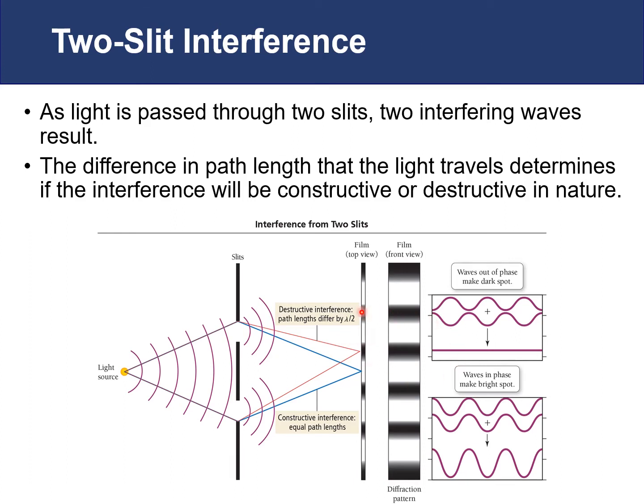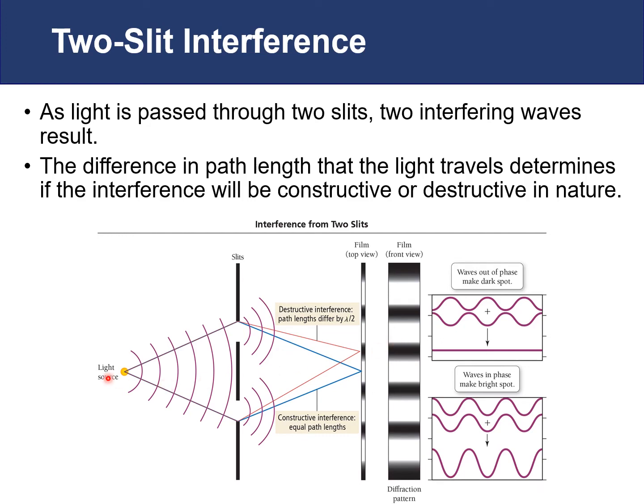So you get areas where there is destructive interference, which will cancel the light out. You will see on the wall a dark spot, whereas where they constructively interfere, they add together to give a bright spot. The presence of this pattern is only seen for waves.